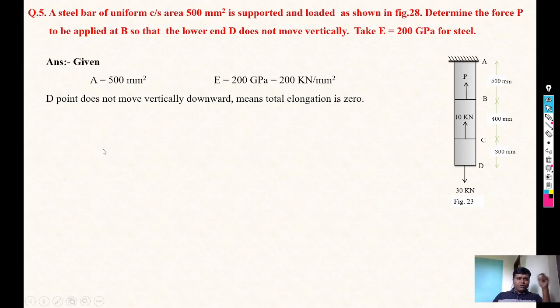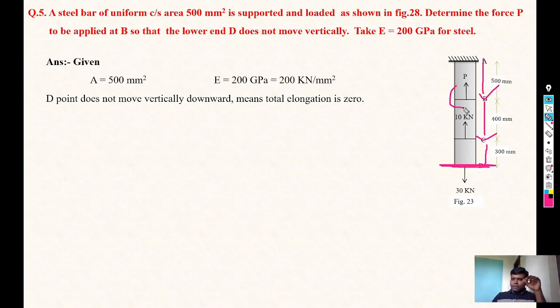The condition is that point D does not move vertically, upward or downward, we can say any direction. It depends on the final elongation. It means the total elongation of the bar is 0, because if the movement of this point is 0, maybe point C and point B will move down and up if we calculate individual elongation, meaning elongation of AB, elongation of BC or elongation of CD.